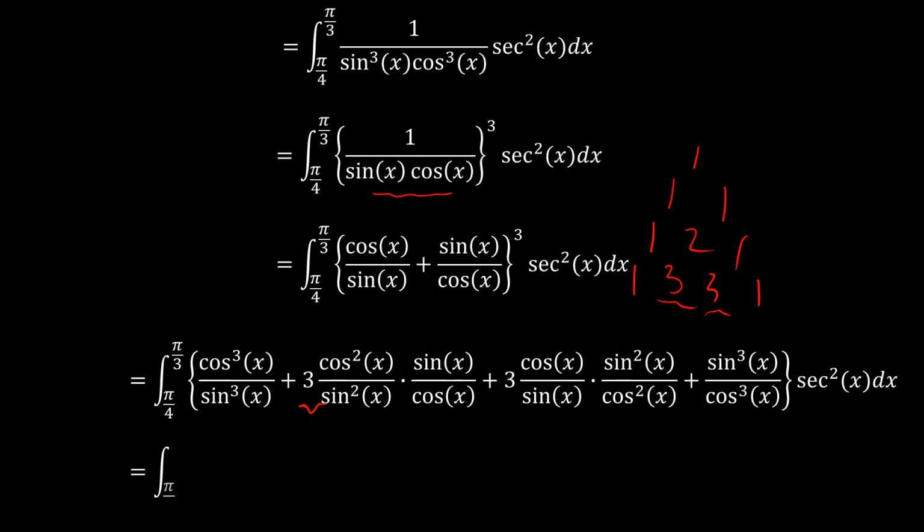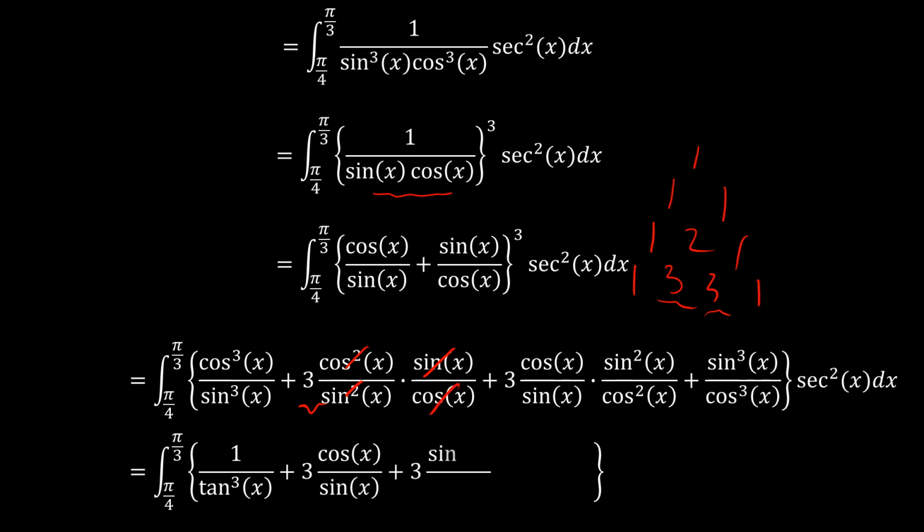So this is easy. This becomes 1 over tangent cube x, and here, since we see this 2 and this go, and this 2 and this go, we have 3 cosine x over sine x plus 3, and so we see this and this go, and then this and this go, so we have 3 sine x over cosine x, and we have tangent cube x.